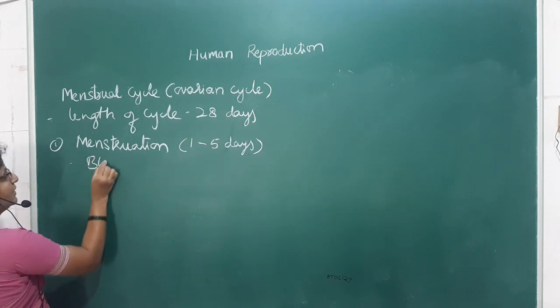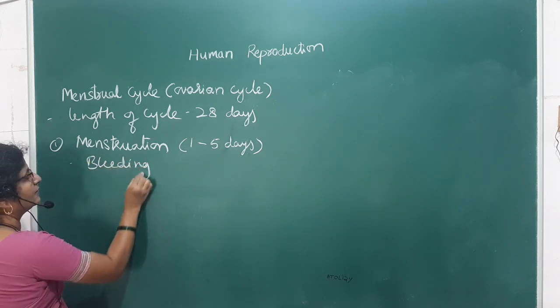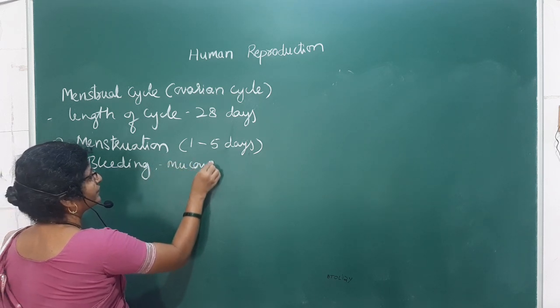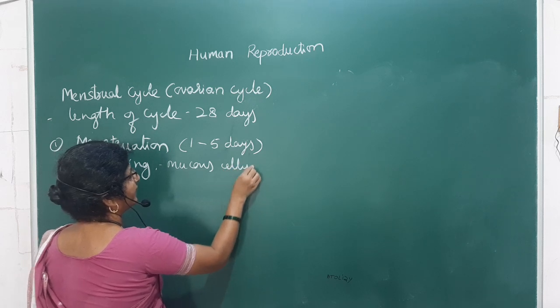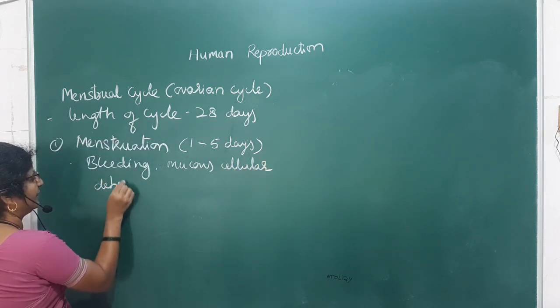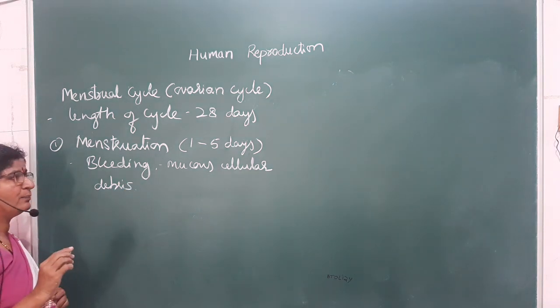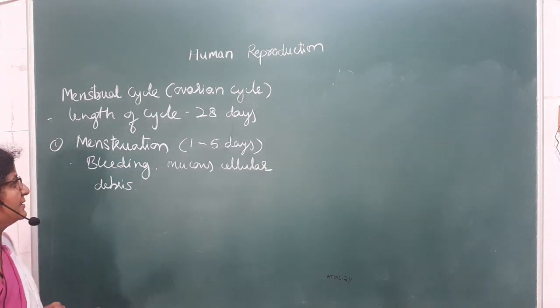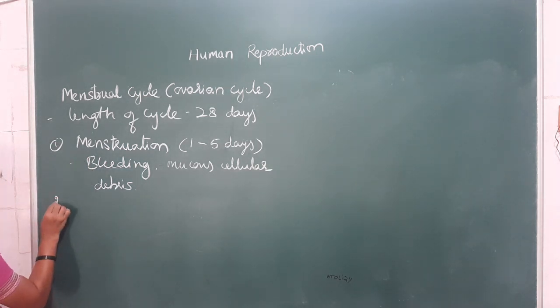It includes the bleeding, and it contains mucus, cellular debris and the blood. It lasts for 1 to 5 days, and it is also called the destructive phase.